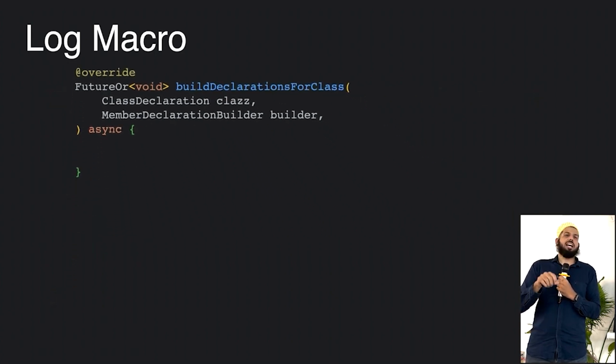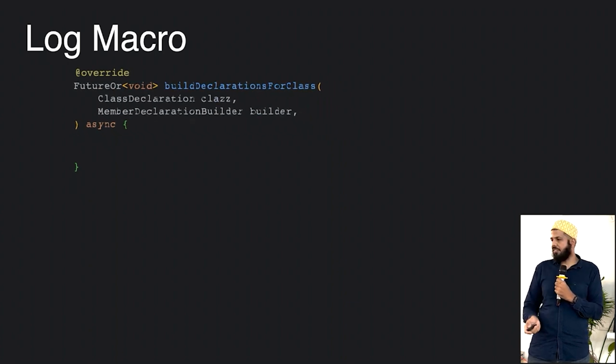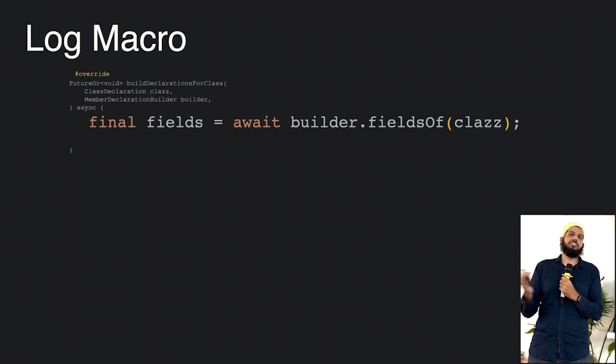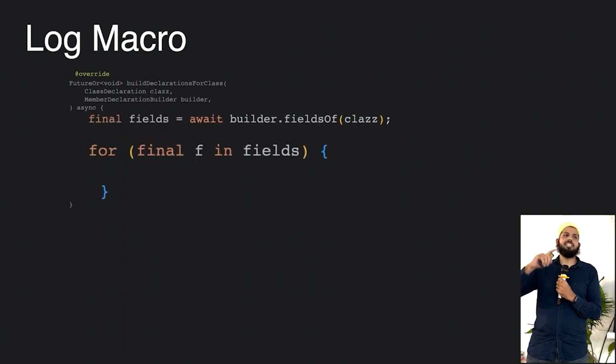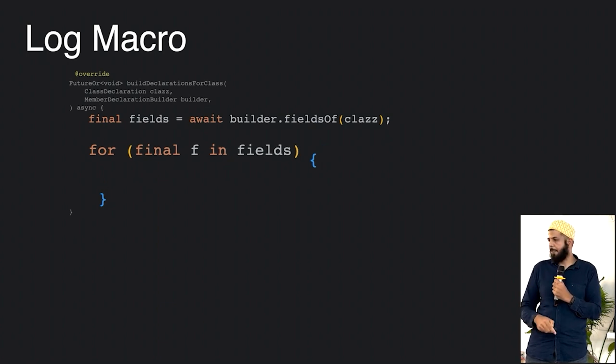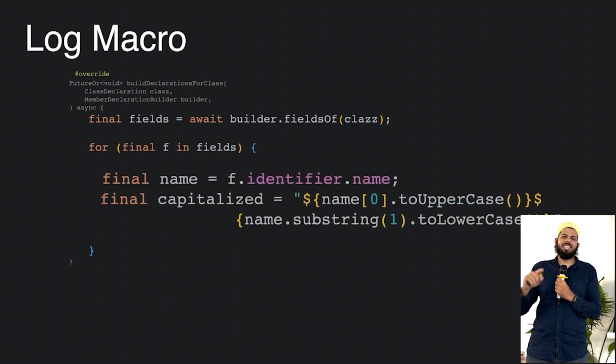So what I want to do is I want to print the value of each field in the class. So what I'll do is first I'll take all the fields from that class. So I'll use this function builder.field of class, and then I'll just loop over each field. हर एक field के ऊपर से loop करूँगा and then see कि कौन सी value है. And then this function basically takes the name of that field कि field का नाम क्या है and just capitalizes the first word.